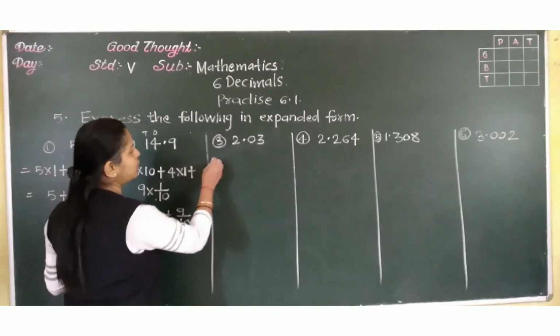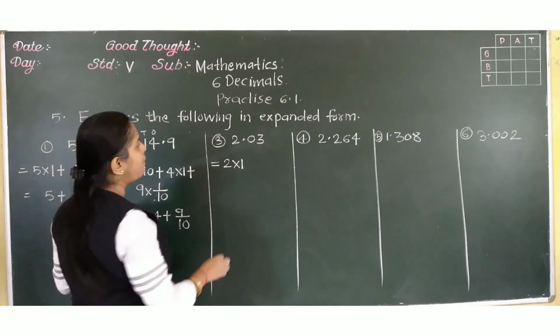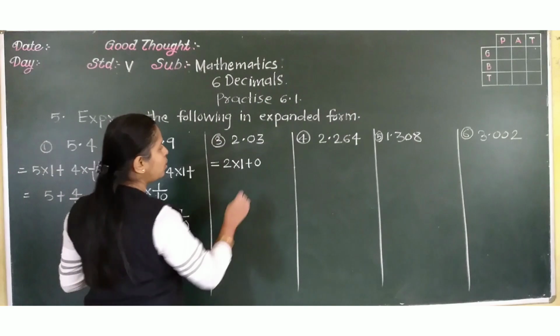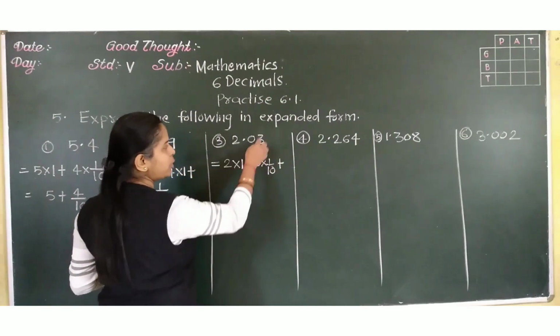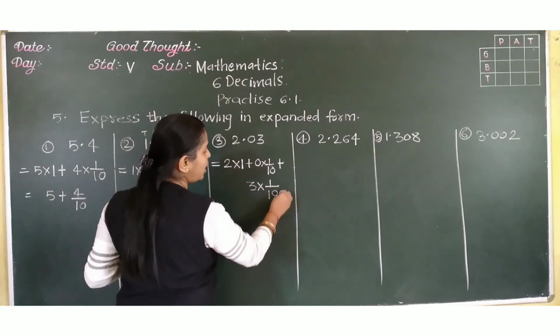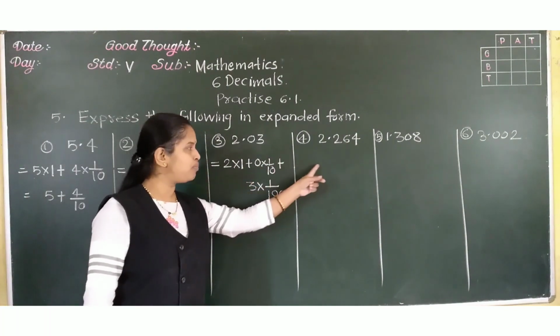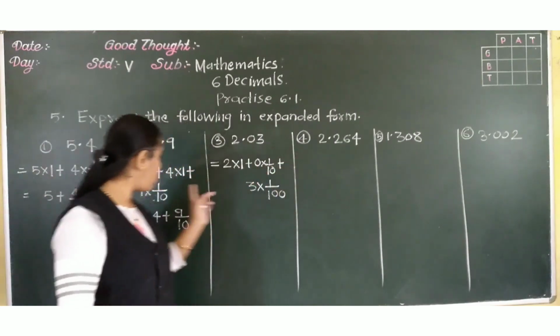Now see this, 2 is there at the ones place, that is multiplied by 1. Correct? Plus 0 into 1 upon 10. Plus 3 is there at which place? Hundredths, that is 3 into 1 upon 100. Correct? Now I have written it down as the place was not there, but you write continuously, in the same way we have written here.